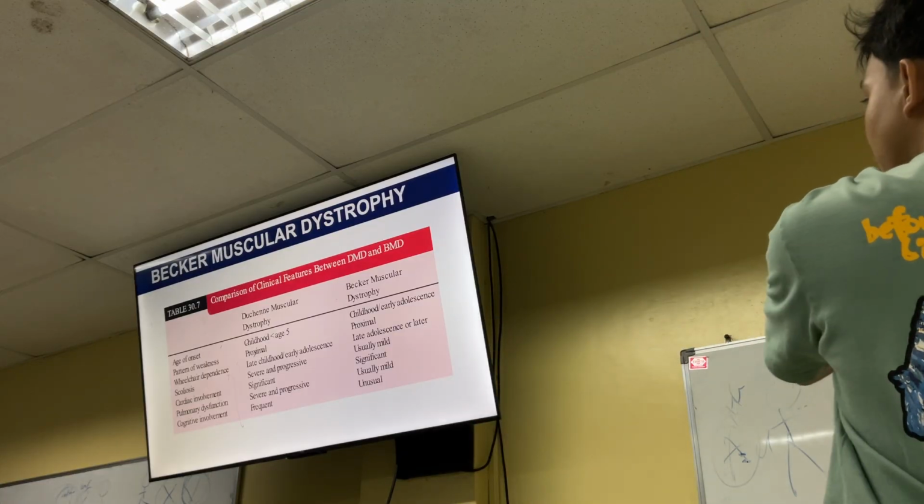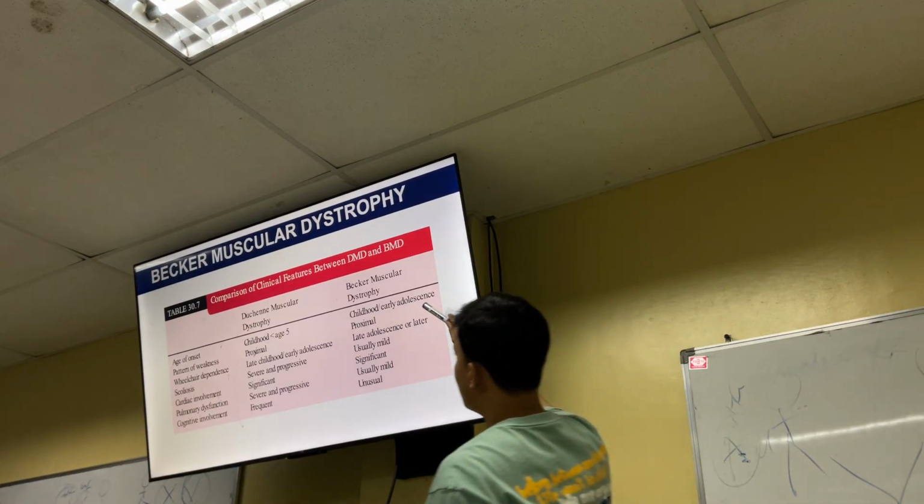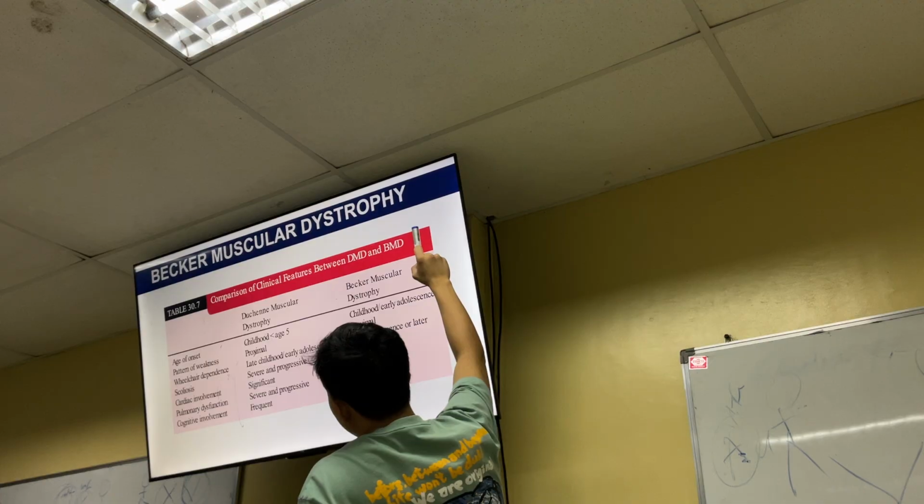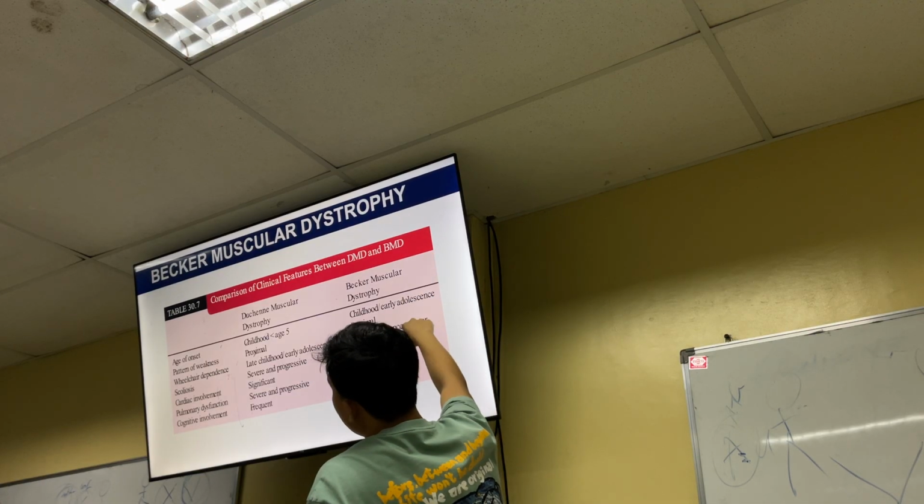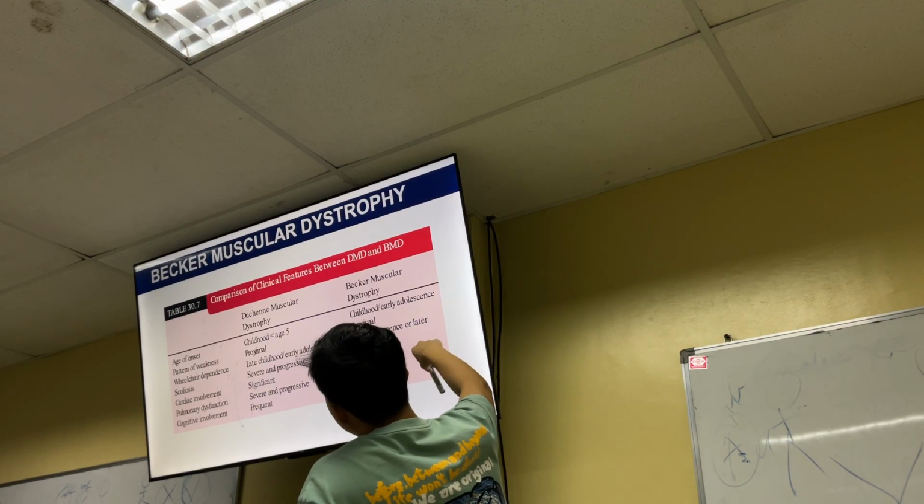The main comparison here is the age of onset, and the functionality, such as wheelchair dependence.